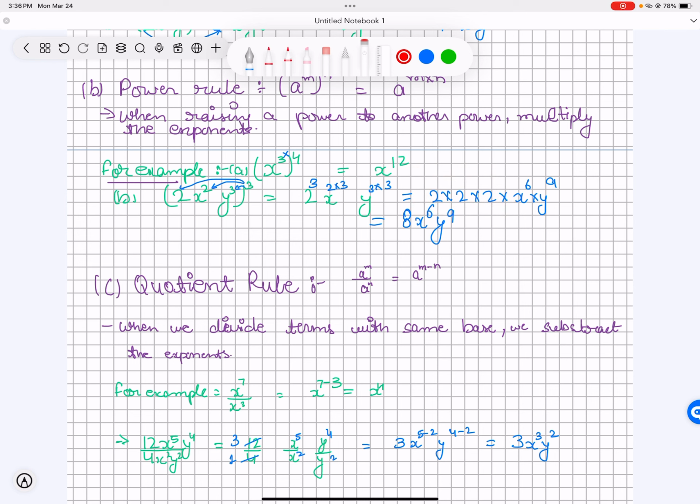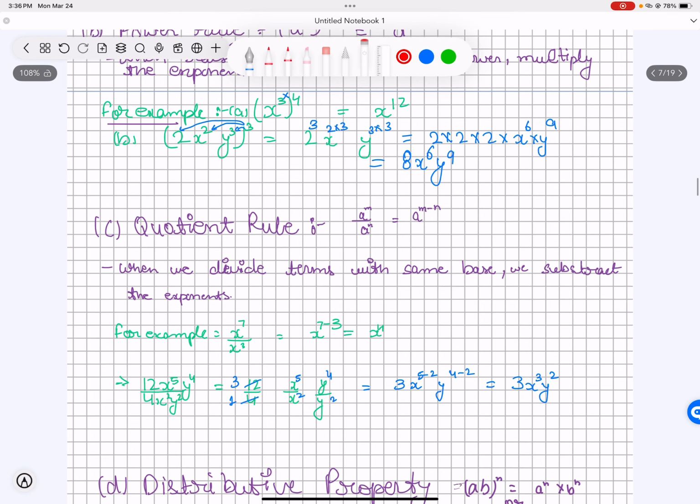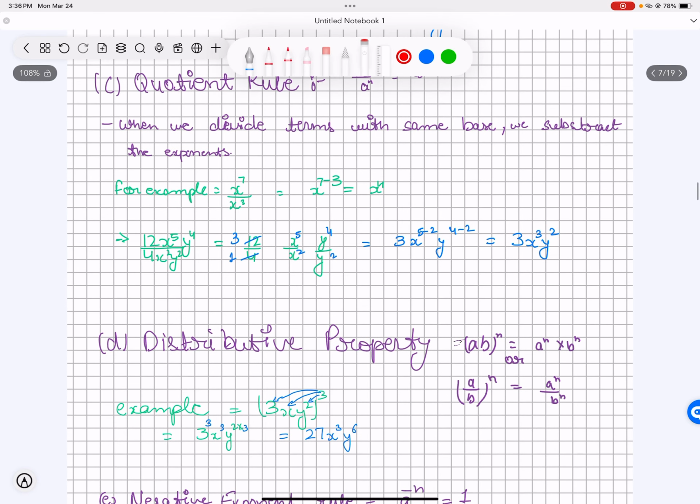And then we multiply the exponents by 3, so for x we get 2 into 3, we get 6. And for y, we get 3 into 3, we get 9. So our total answer is 8x to the 6, and then y to the power 9.